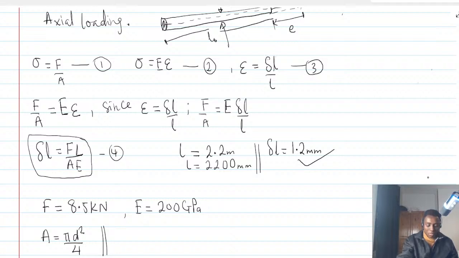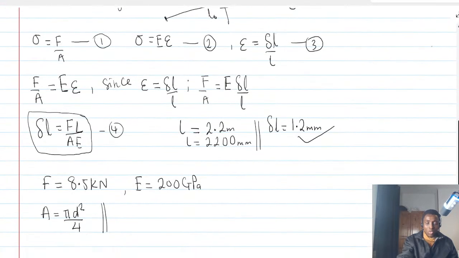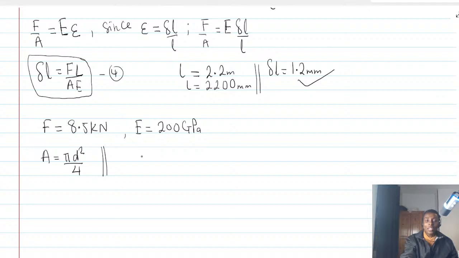Okay. All right. So now if the elongation is 1.2, then we can say that the elongation or the change in length is given by the force multiplied by the length divided by the area and then the Young's modulus. Is that clear? All right.